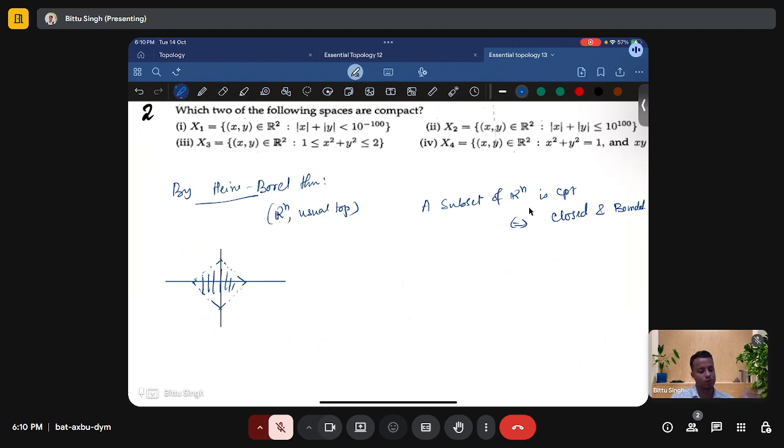Something cannot be both open and closed, because that would imply it is disconnected, as we are taking a non-trivial subset. So it is open. It is not a closed subset. For one, this is not a closed subset, therefore not compact.